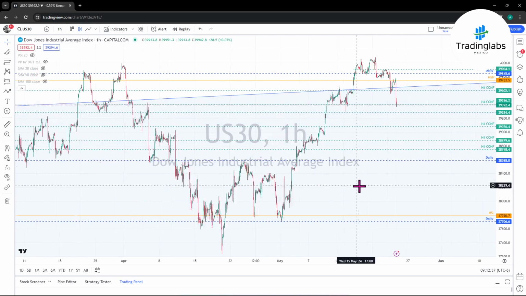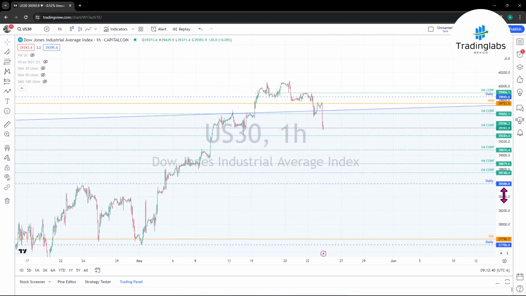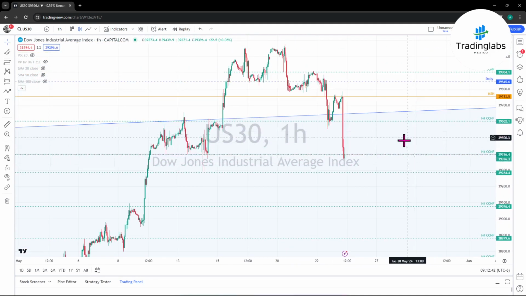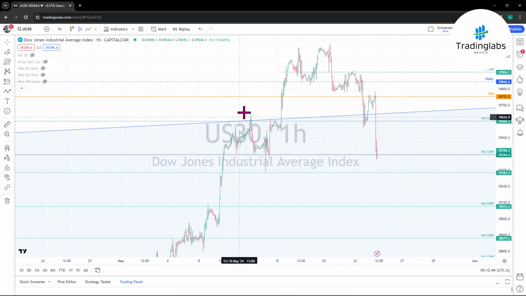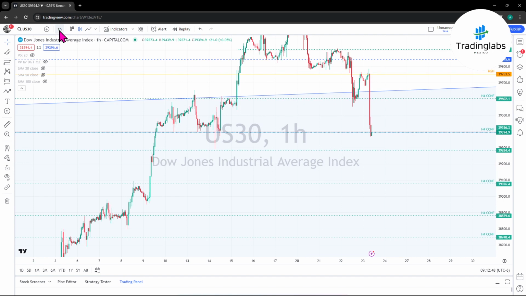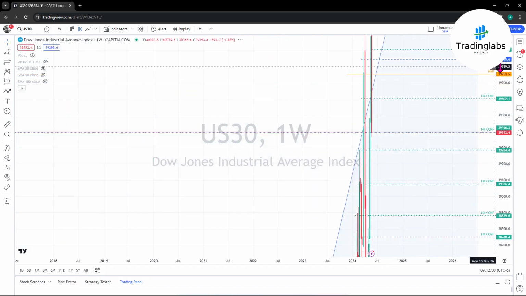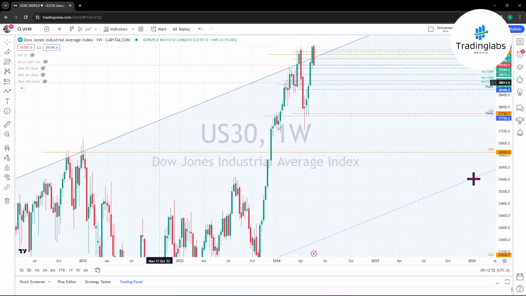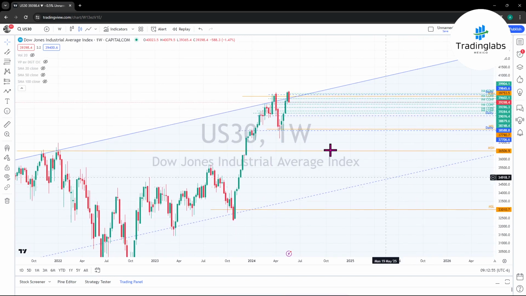Okay, so that is, for example, a wider analysis. Also, you can see a weekly candle close with this engulfing weekly candle in the area of the resistance.